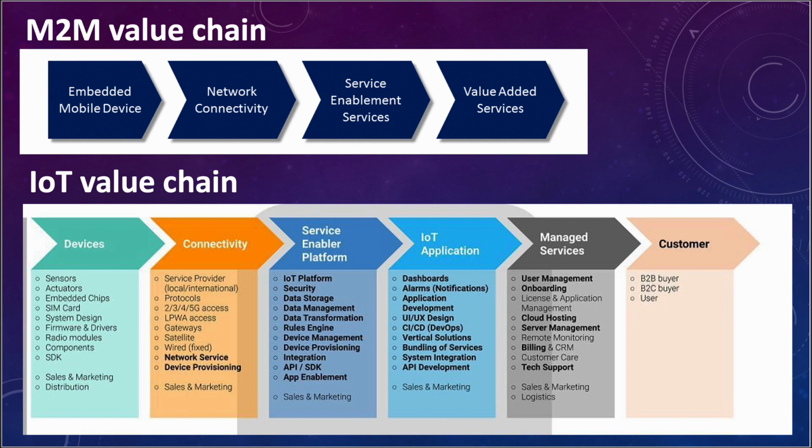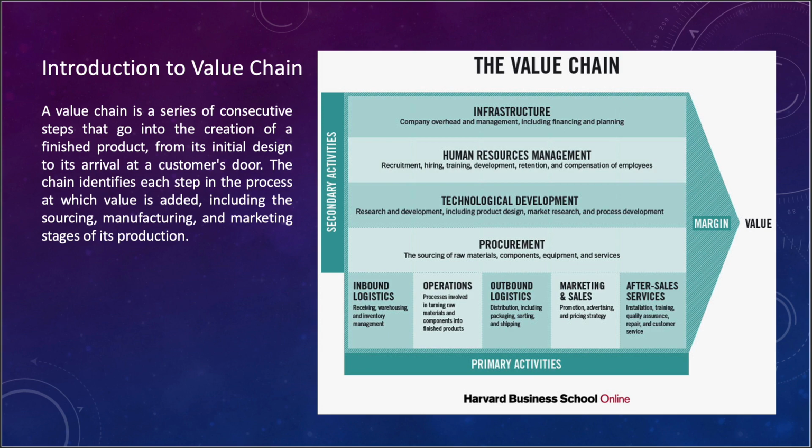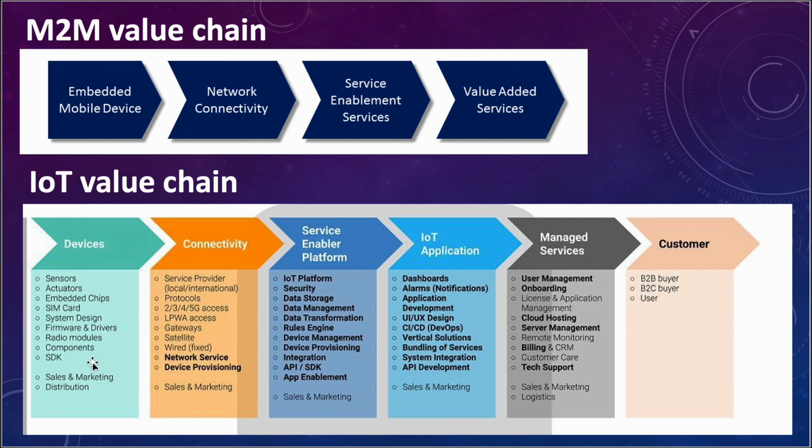If we are to dive deeper, a company that has the manufacturing capacity to create sensors, create actuators from scratch, right? If you have a screen, to build a screen from scratch, right, they will have their own value chains where their end product would be a sensor or actuator or an embedded system, right?